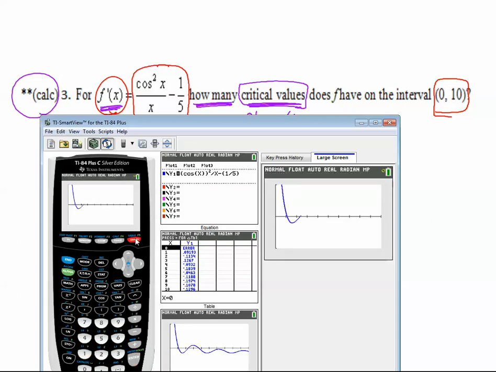So here's what I see. I'm looking for where this graph, this is the derivative, equals 0 or doesn't exist. Well, it's existing everywhere. Nice, smooth, curvy, no holes, no asymptotes. But I see it crosses once, twice, 3, and that's it. It looks like it crosses just 3 times.